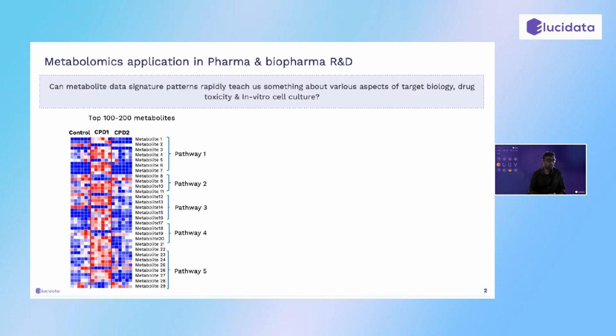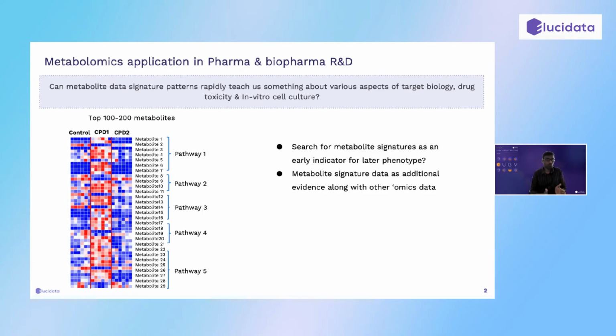For example, in this heat map, we are comparing a control versus investigational compound 1 versus investigational compound 2 within the same subclass of molecules that are used for the treatment against a target 1. So this can distinguish these compounds with respect to these metabolite signatures.